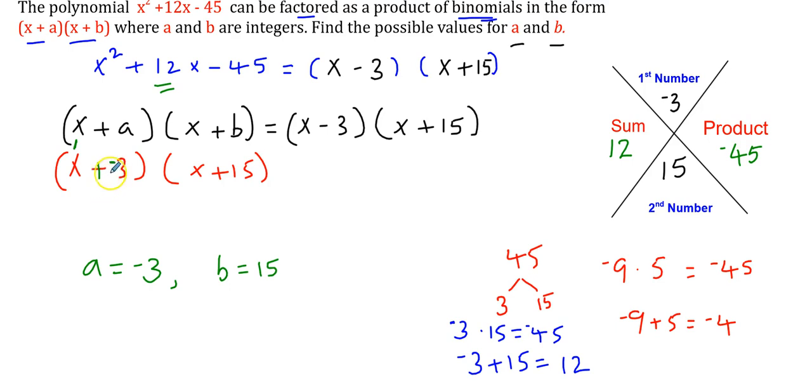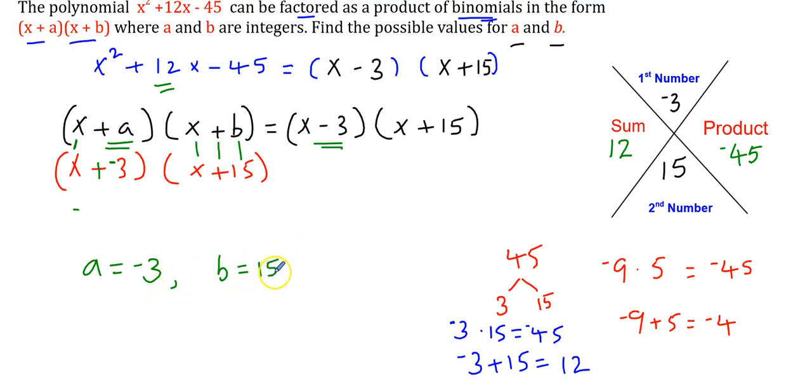Plus times minus is again minus, therefore a is equal to negative 3. And everything else is the same, x and x, plus and plus, and b is equal to 15.